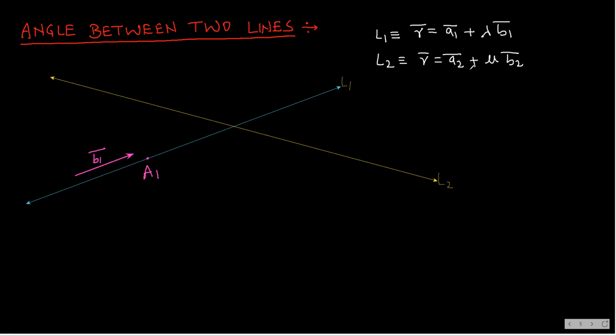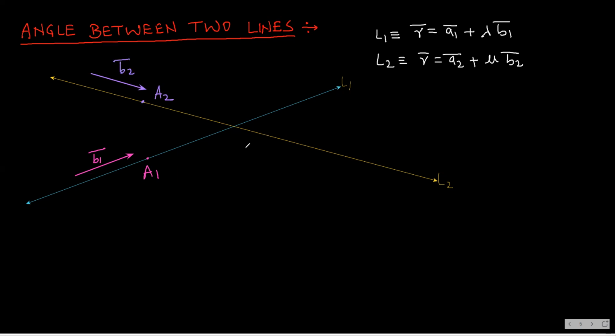So here I have a point A2, the point given on the line, and hence A2 bar is the position vector of this point, and B2 bar is a vector parallel to line L2.